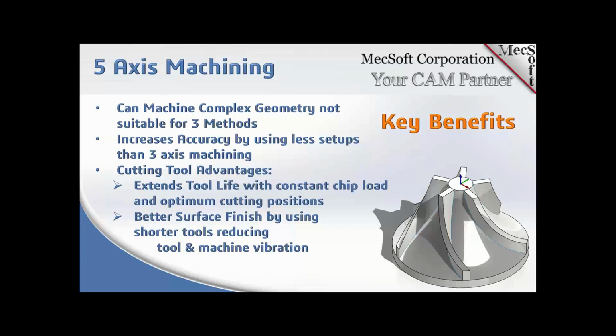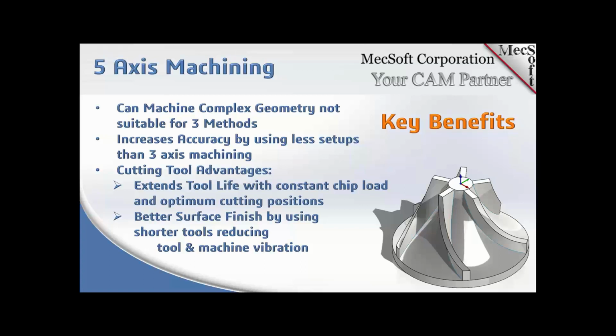Also, using a 5-axis machine, you can increase the accuracy of your machining only because there are fewer setups. You don't have to move the part around. Like I mentioned in item 1, you can get at all of the orientations of the features of the part using 5-axis. And then also, there are a lot of advantages for your cutting tools. You can extend your tool life by having a constant chip load.